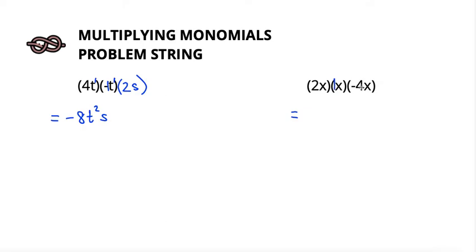And 2 times negative 4 gives me negative 8. And then look at your powers. All three of these have a base of x. And I'm going to apply my little 1 up here for everyone. So I'm going to add my exponents together. 1 plus 1 plus 1 is 3.